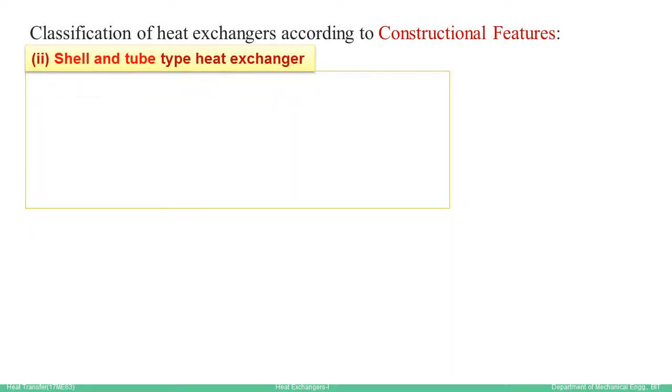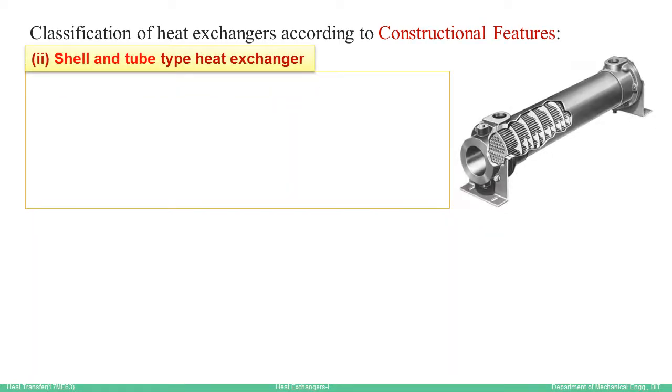Shell and tube heat exchangers are widely used in engineering applications, and you can see in the CAD model of this shell and tube heat exchanger, there are many pipes arranged in parallel, and they are completely cased inside a shell.